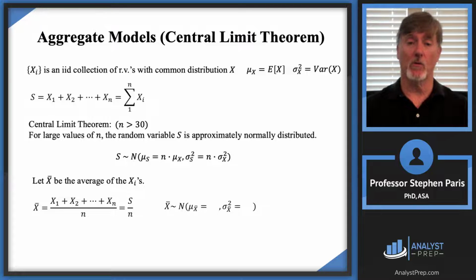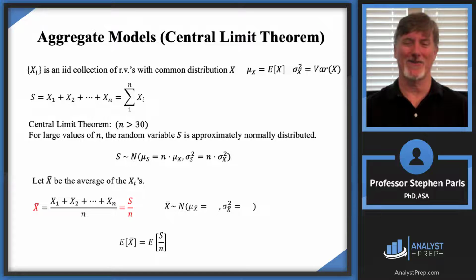So now the question is, what are the parameters for CapX bar? I know it's normally distributed, so what do I use for those parameters? First parameter is the expected value of CapX bar, which I'm going to substitute in CapS over n. Properties of expected value, I can factor out. Again, I'm thinking of CapS over n as 1 over n times CapS, and then I can factor out the 1 over n.